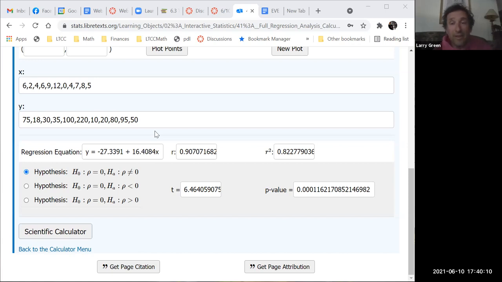Okay, so it's a piece of it. There's a lot of things you're doing. One of the things you're doing is making a prediction. Another is interpreting R. You're interpreting R squared. You're also interpreting the slope and interpreting the y-intercept if it is meaningful.